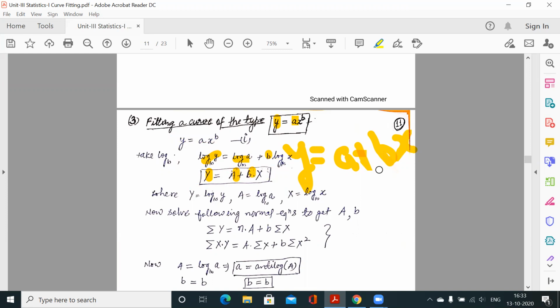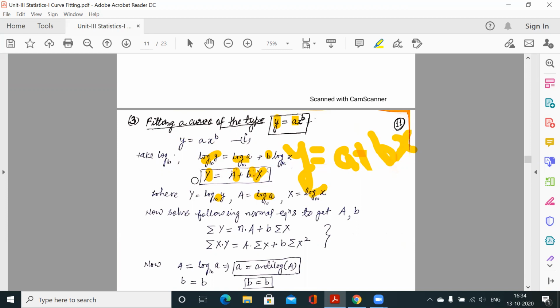This is log x, so this is the variable term, and the constant is b, so there is no problem in b. This must be a variable term x, so this is log x, so we have converted this as x. Clear? So log y is Y, log a is A, log x is X.